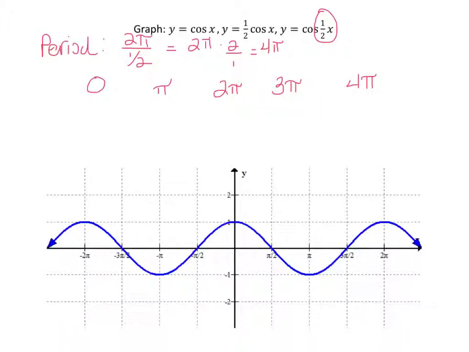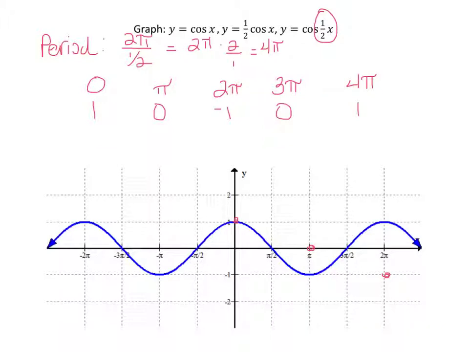Then, because it's a cosine graph, I follow the pattern of cosine. 1, 0, -1, 0, 1. So now at 0, we're still at 1. But at pi, we're at 0. And at 2 pi, we're at -1.